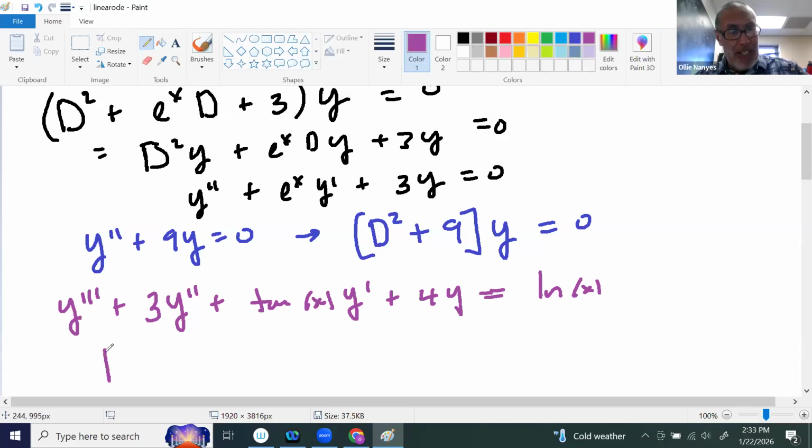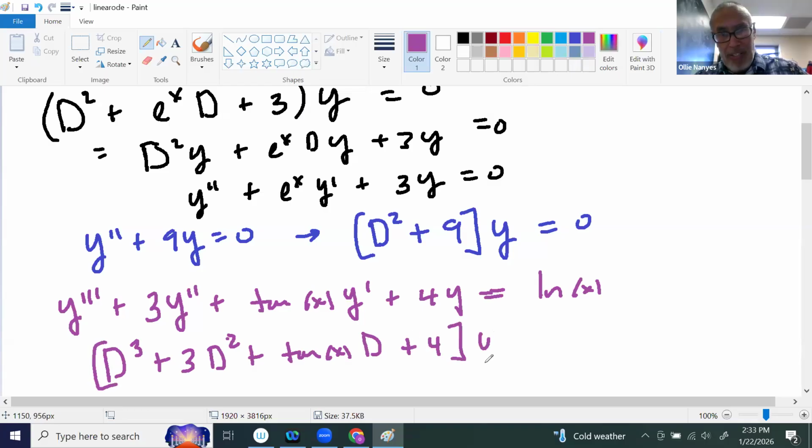This thing could be written as d cubed plus 3d squared plus tangent x d plus 4, all operating on y, equals natural log of x. So that works as well.